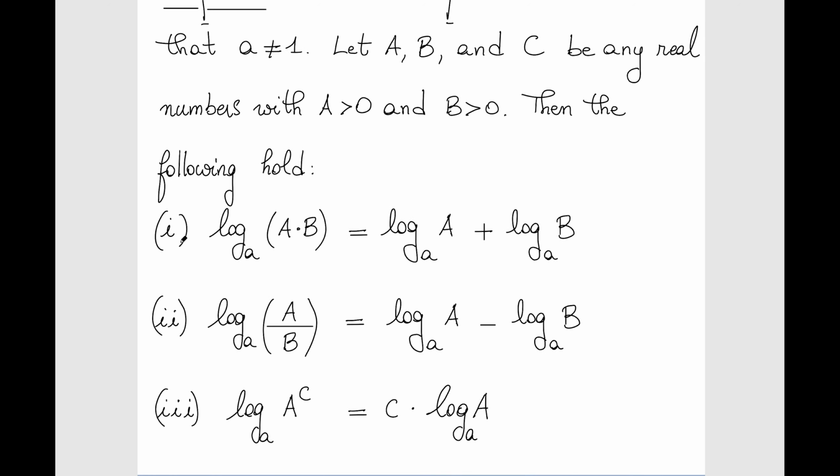Property 1: the log of a product is equal to the sum of the logs of the factors. A and B are the factors here. Property 2: the log of a quotient is equal to the difference of the log of the numerator and the log of the denominator, A being the numerator and B being the denominator.